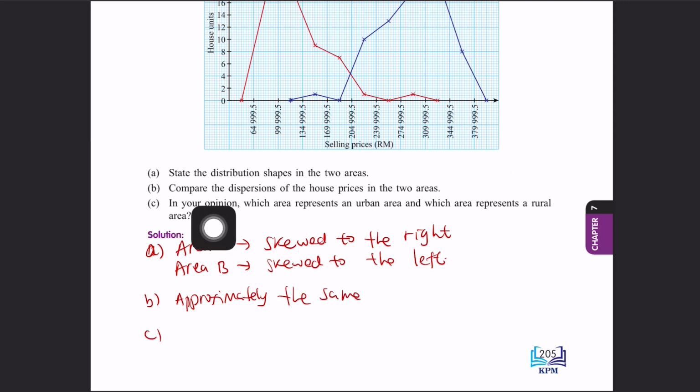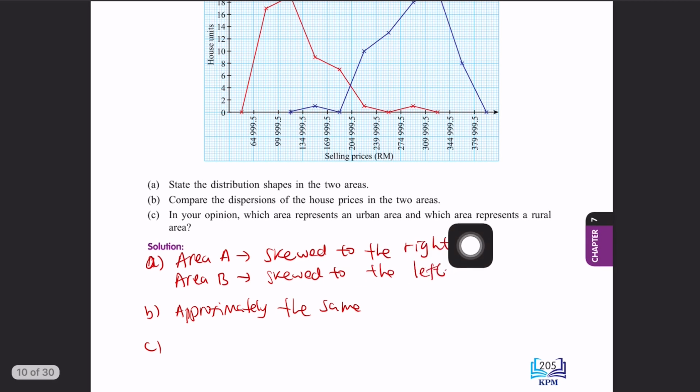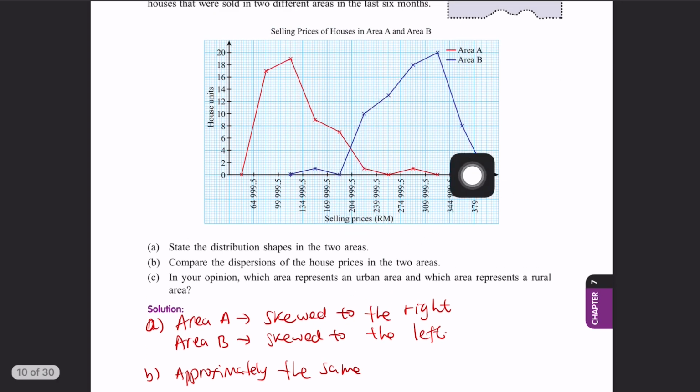Okay, now C. Okay, in your opinion, which area represent an urban area and which area represent a rural area? So sini dia nak uji kita punya general knowledge. Okay, kalau kawasan bandar, okay, urban, so sah-sahlah harga rumah mahal. Kalau harga rumah murah biasanya di kawasan rural, luar bandar.